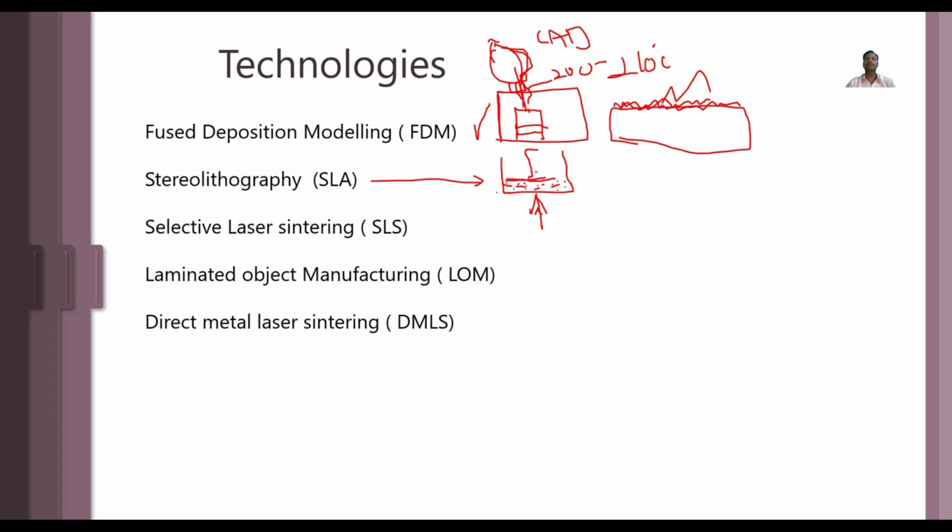The platform is fixed to the lead screw, and as the UV light is projected on this bed, a layer will form, and accordingly the object gets printed.